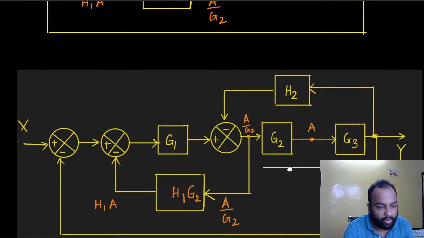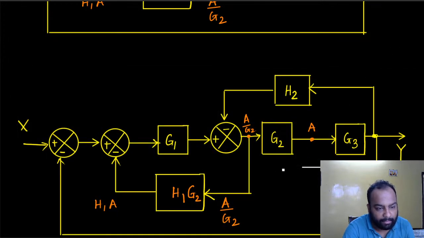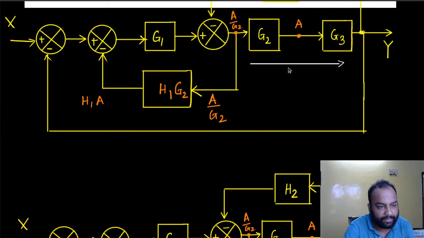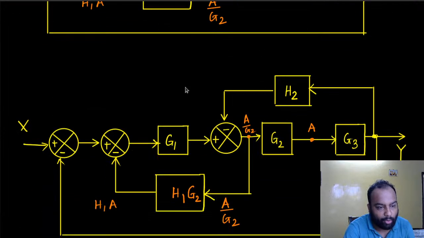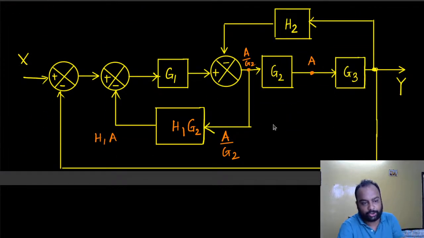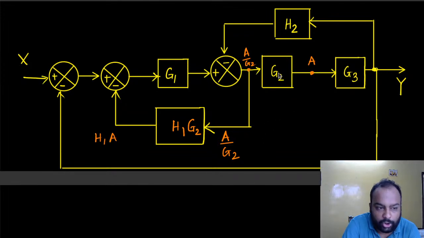Now I'm considering this to be my cascade block. So in this step I'm cascading these two. So G2 is in cascade with G3.